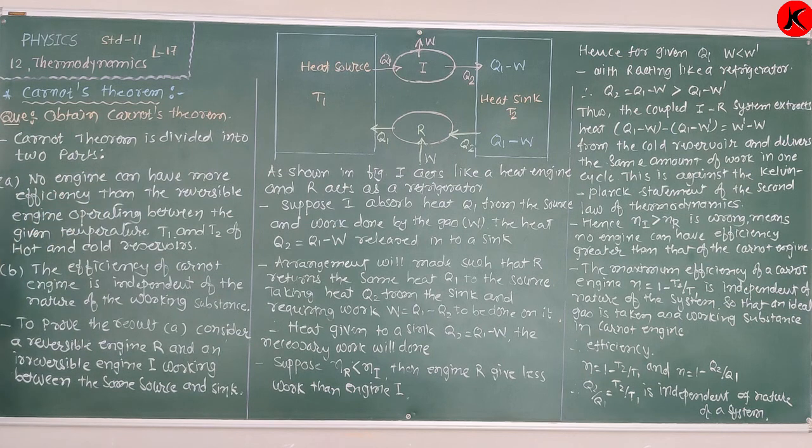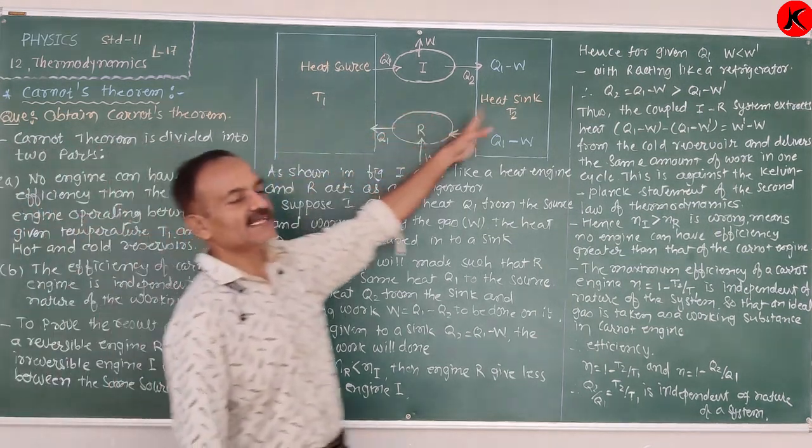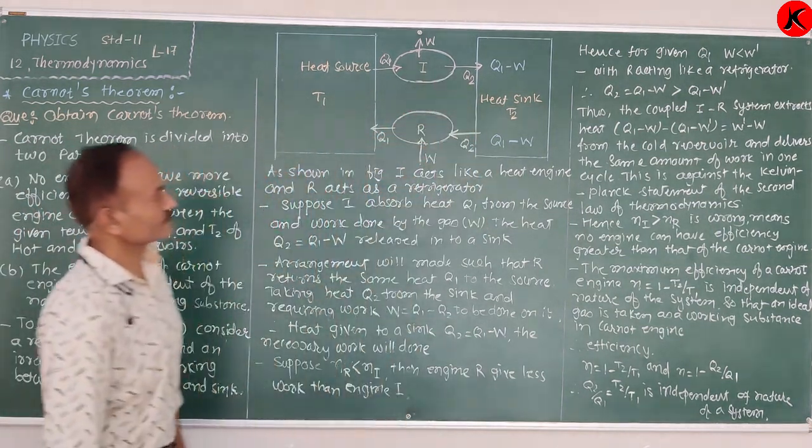To prove result A, that no engine can have more efficiency than the reversible engine operating between the two temperatures T1 and T2 of the source and sink, or the hot and cold reservoir, consider a reversible engine R and an irreversible engine I working between the same source and the sink. Let's show it in the figure.